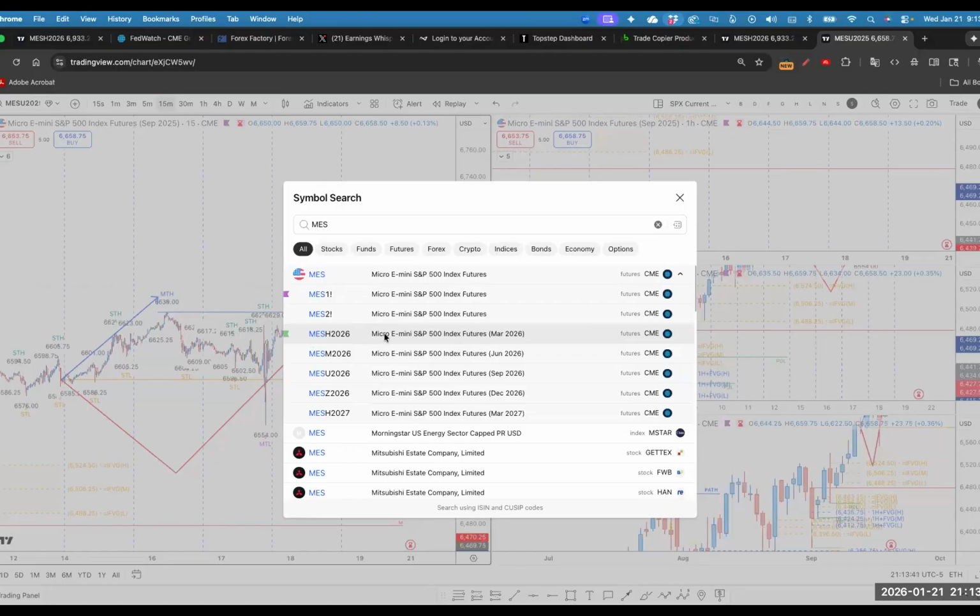Again, just like our mini contracts, which is listed as ES, our micro E-mini S&P 500 futures has the same thing: March, June, September, and December. Same variable H, M, U, and Z for the contract listing, right?